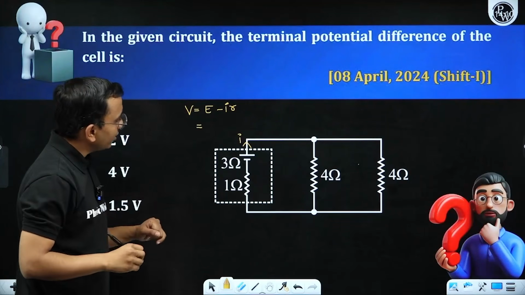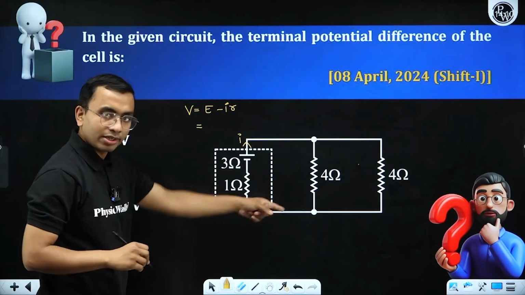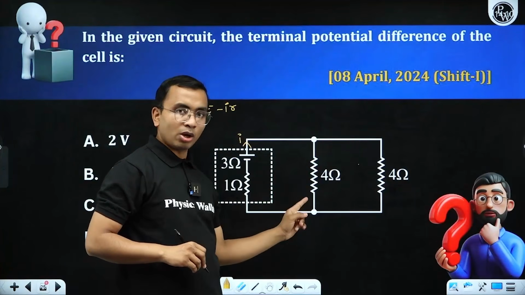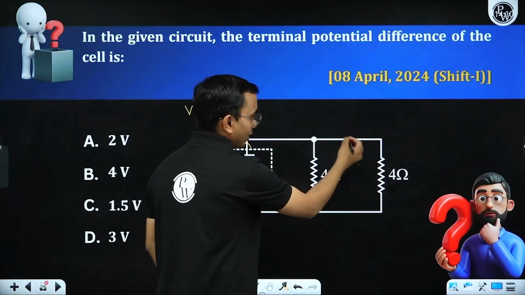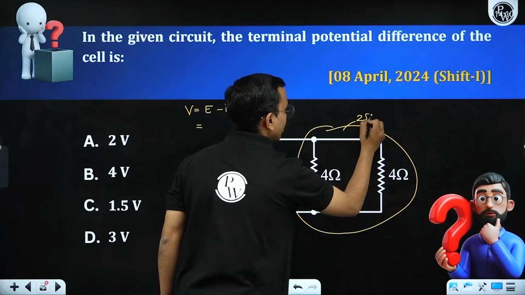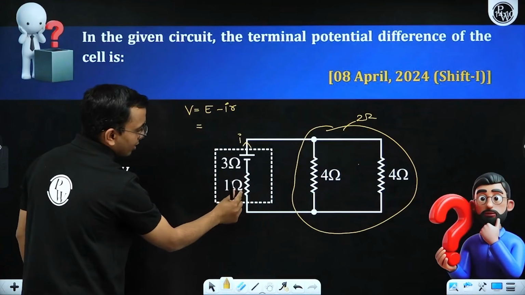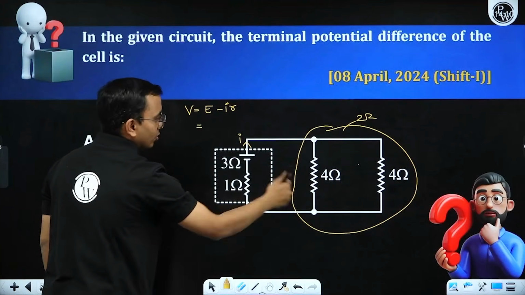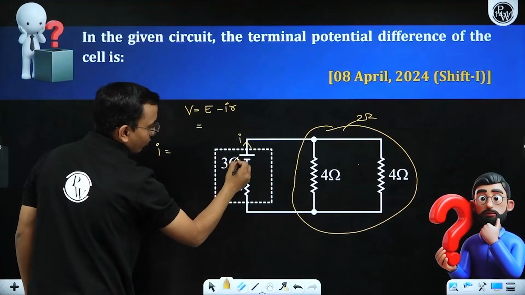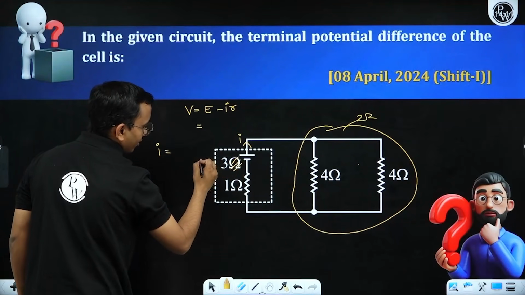How to find this current? We need to solve this circuit. 4 ohm and 4 ohm are in parallel combination. What is the equivalent? The equivalent of this is 2 ohm. Now this 2 ohm and this 1 ohm are in series. This should be 3 volt here.